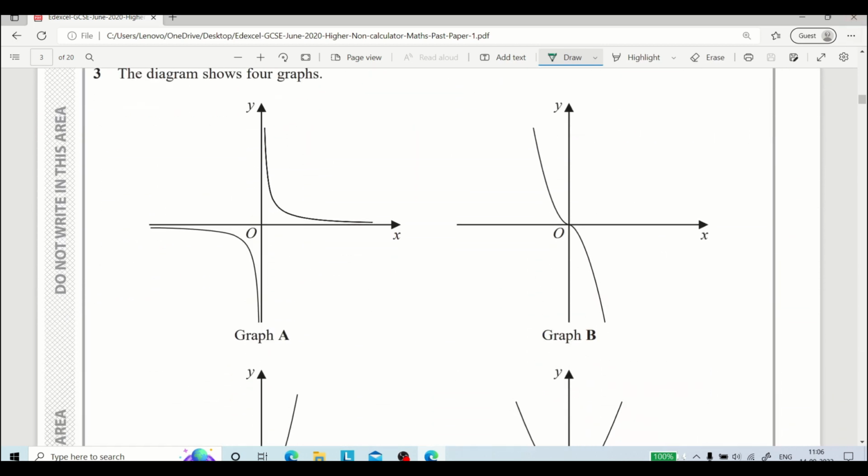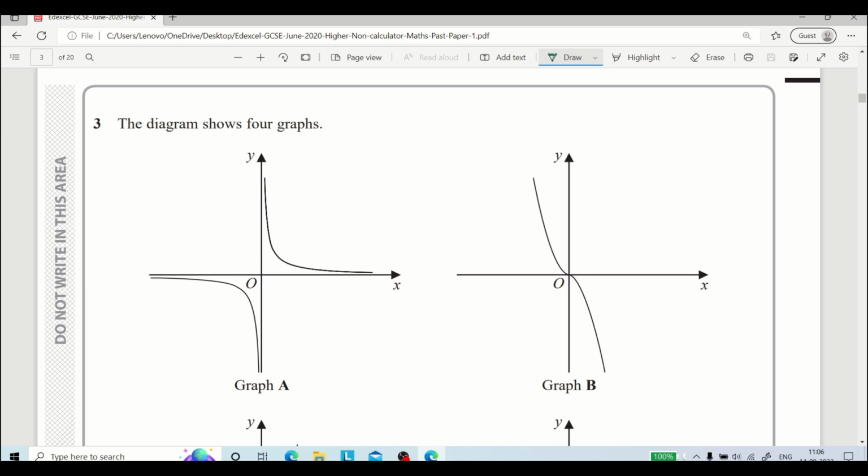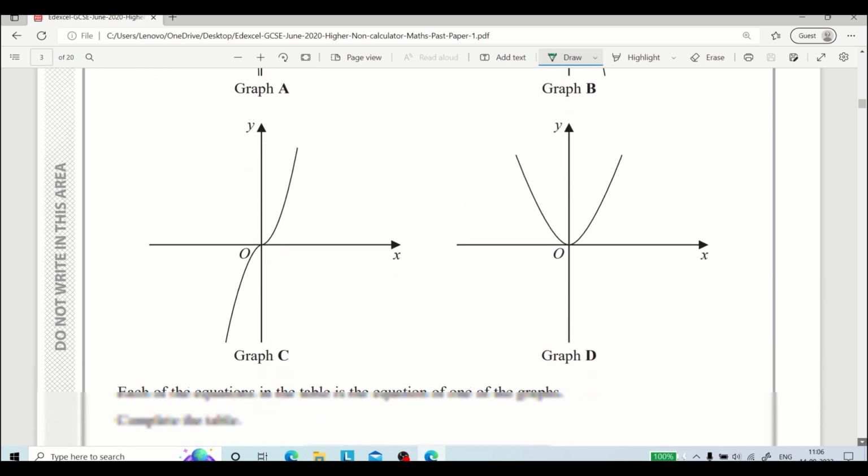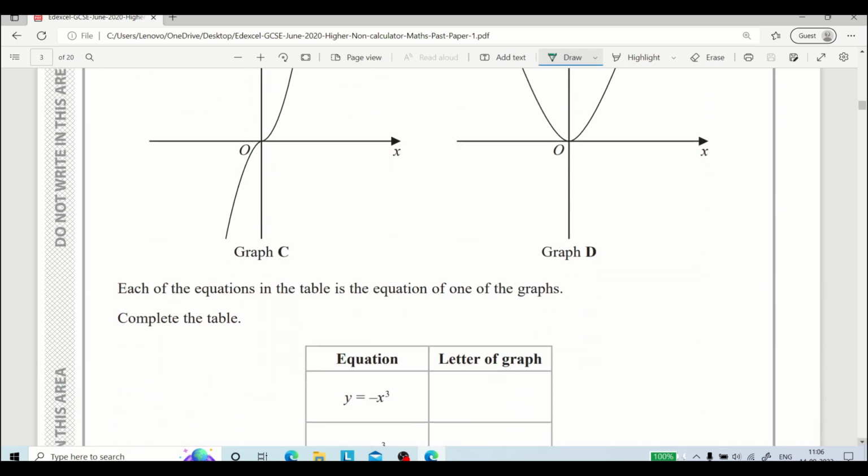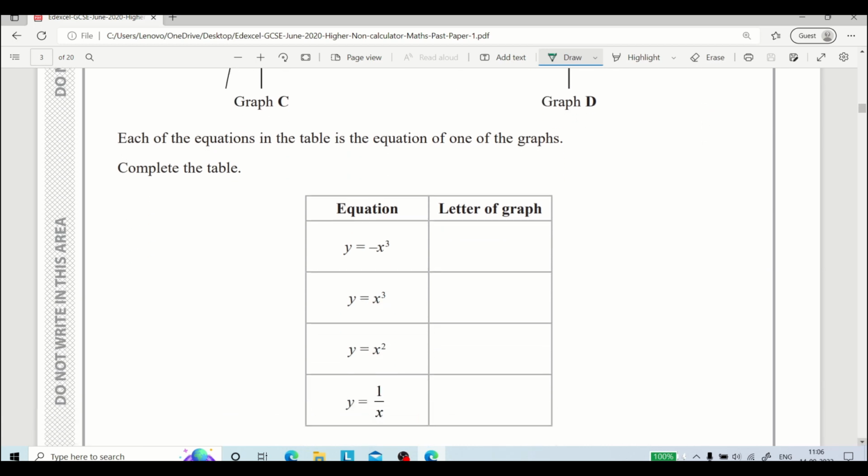Okay, so here we have graphs this time. The diagram shows 4 graphs, right? So here, graph A, graph B, graph C and graph D. Each of the equations in the table is the equation of one of the graphs. Complete the table.